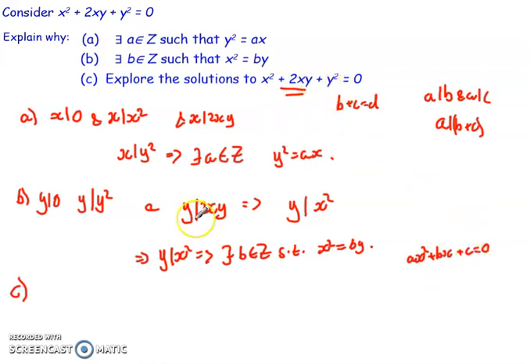If I then looked at the quadratic formula and plugged it all in, I'd know that x is equal to negative 2y plus or minus the square root of 4y squared minus 4y squared, all over 2. If I simplify that, I'd have negative 2y over 2, so the 2s would cancel. Then plus and minus this, but 4y squared minus 4y squared is 0. The square root of 0 is nothing, so I'd end up with just negative y.